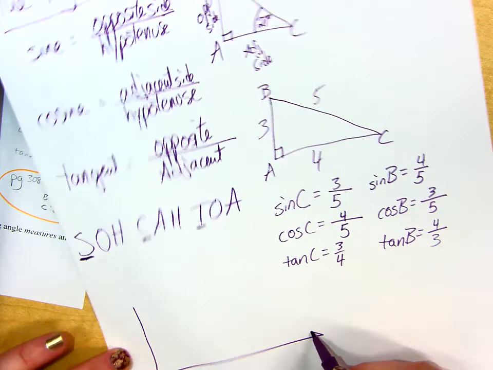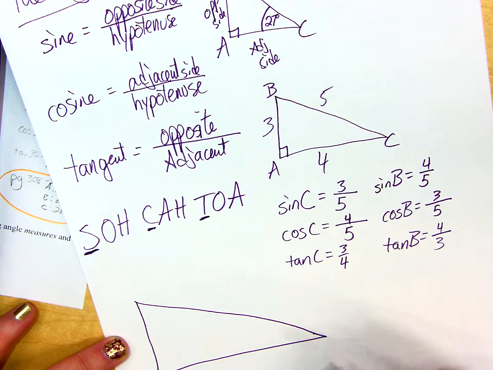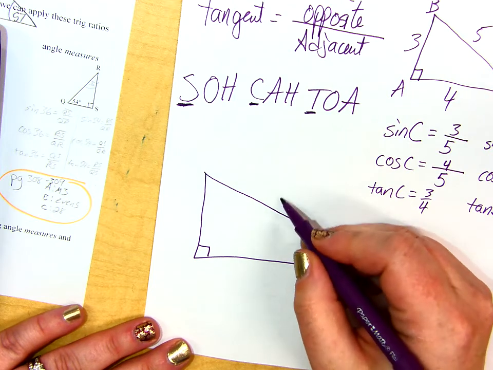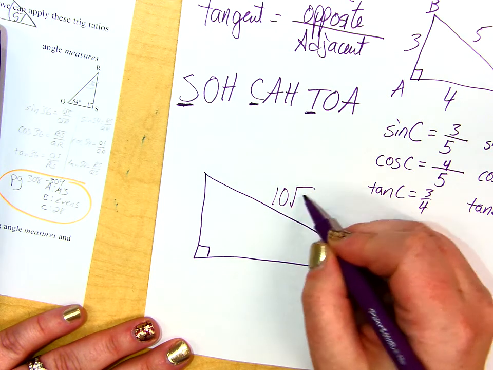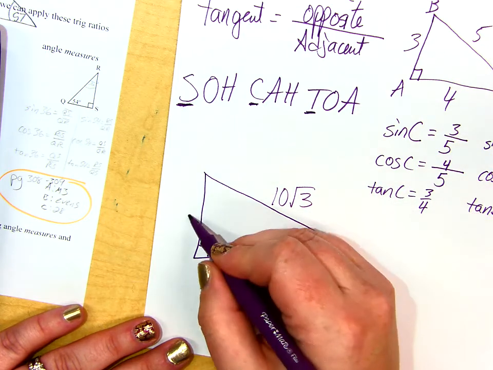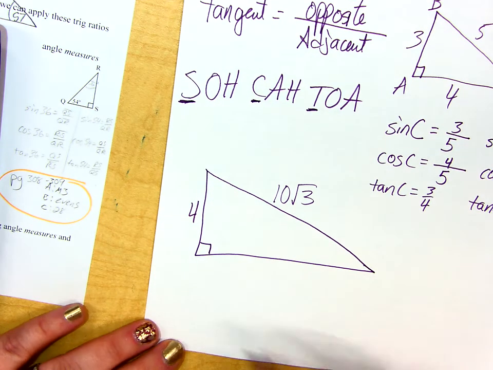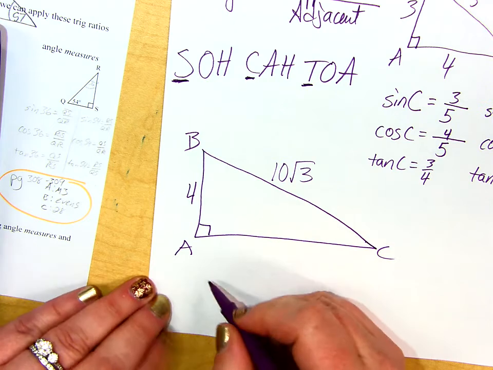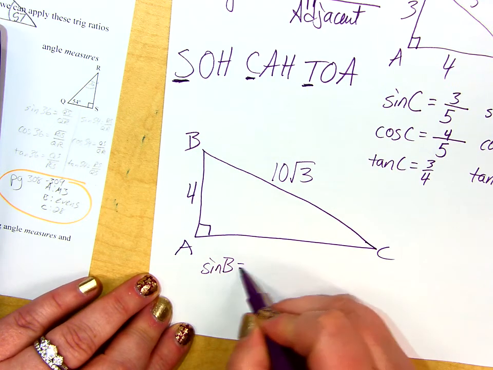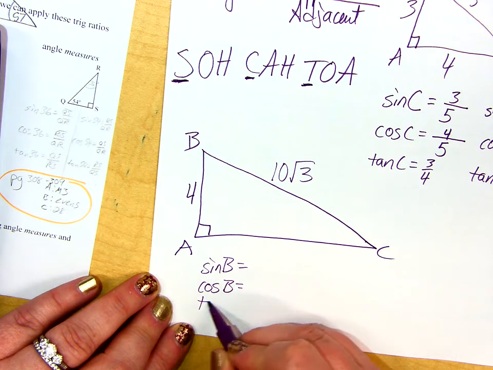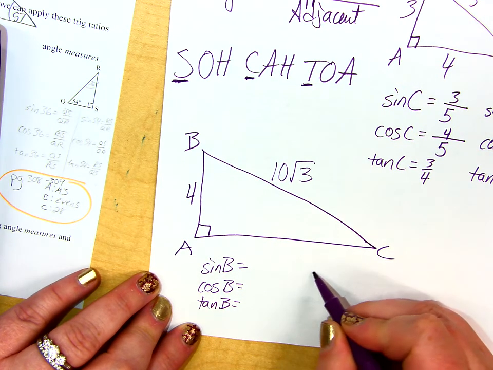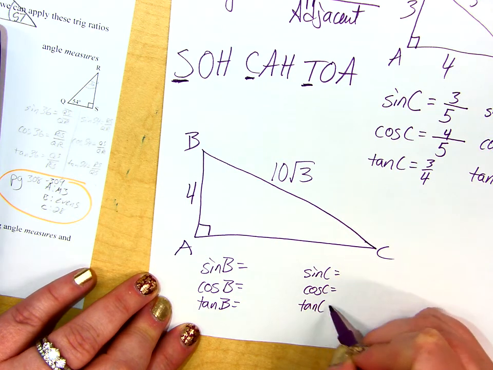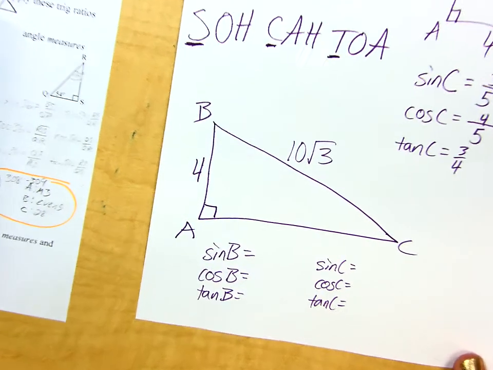Say I gave you this, and I told you that this was, how about 10 root 3, and this was 4, and here's A, B, and C. I want you to fill in all of these: sine of B, cosine of B, tangent of B, and then the same thing for C. Take a minute and fill in those 6 things for me.